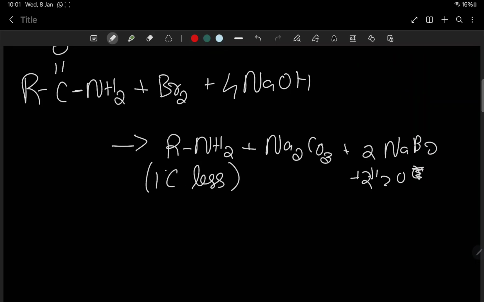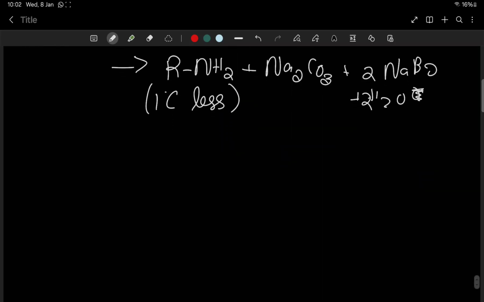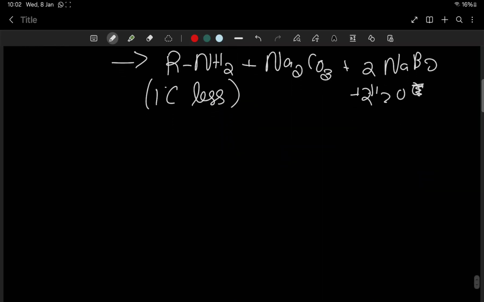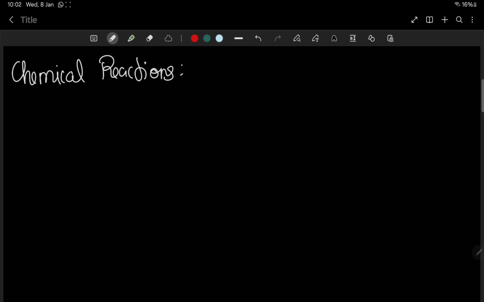So here we are getting a one carbon less amine. Using nitriles we got a one carbon more amine. Here in bromamide synthesis we get a one carbon less amine. This is the reaction, just learn it. So the preparation methods come to an end. Next we have the chemical reactions. The first is the basic character. You know that amines are basic.